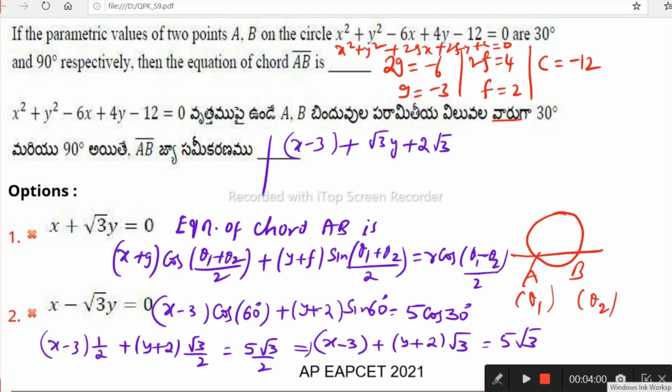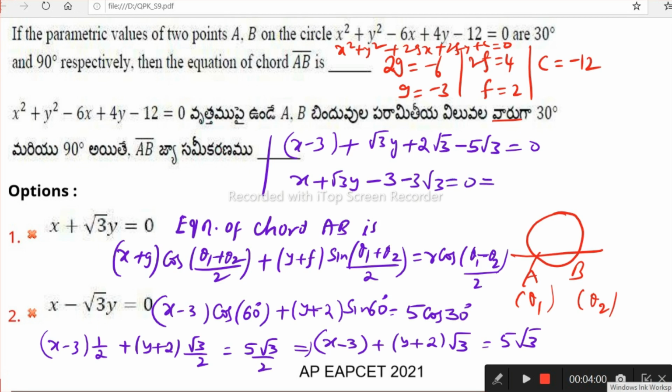Bringing 5 root 3 from the right side to the left side gives minus 5 root 3, equals 0. Again, this is x plus root 3y, which we can write side by side, and the minus 3 is additional, written separately as a constant beside x. 2 root 3 minus 5 root 3 is minus 3 root 3, equals 0.